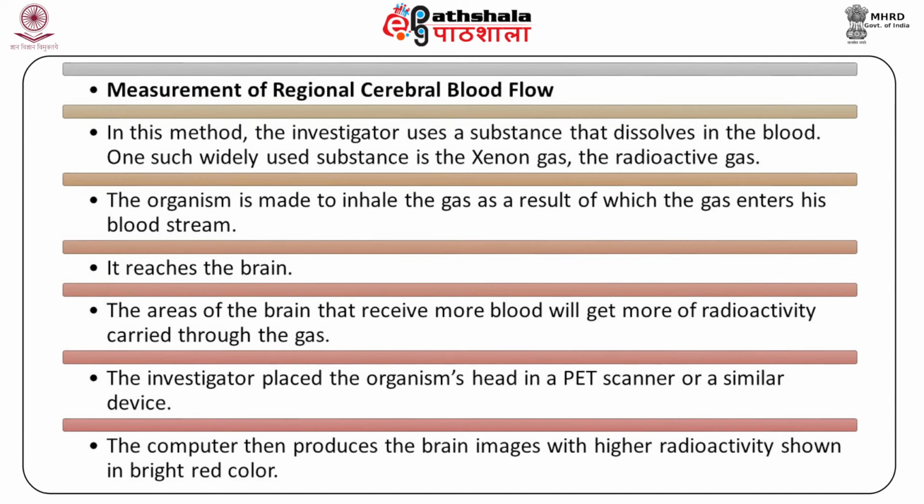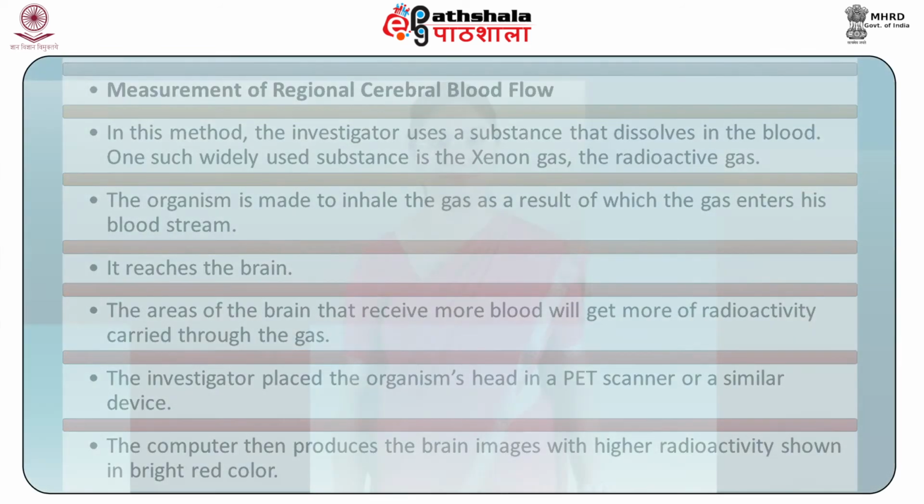It reaches the brain. The areas of the brain that receive more blood will get more of radioactivity carried through the gas. The investigator places the organism's head in a PET scanner or in a similar device. The computer then produces the brain images with higher radioactivity shown in bright red color.